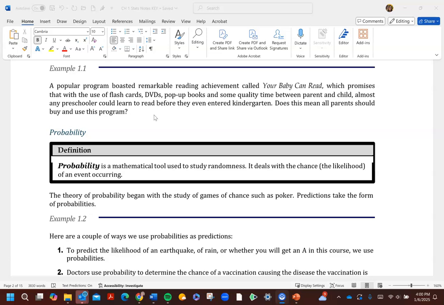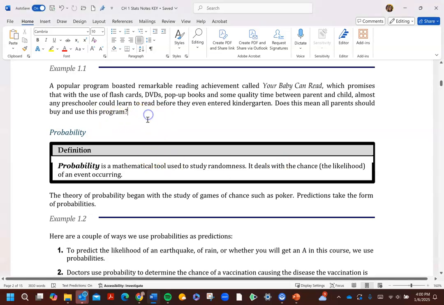What do you think? Well, I'm going to say probably not, right? Not necessarily. Other factors could be at play, many things going on: genetics, learning disabilities, all sorts of things could be affecting that. So I'm going to jot that down here for you.